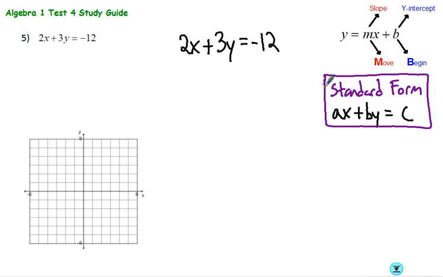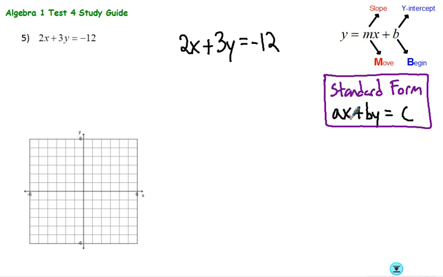What's the difference between slope-intercept form and standard form? There are basically two ways to think about it. First of all, in slope-intercept form, the y is by itself out front, right? Whereas here, the y is not by itself. Another way to think of it is that in slope-intercept form, the x and y are on different sides of the equation. Notice here in standard form, x and y are on the same side.